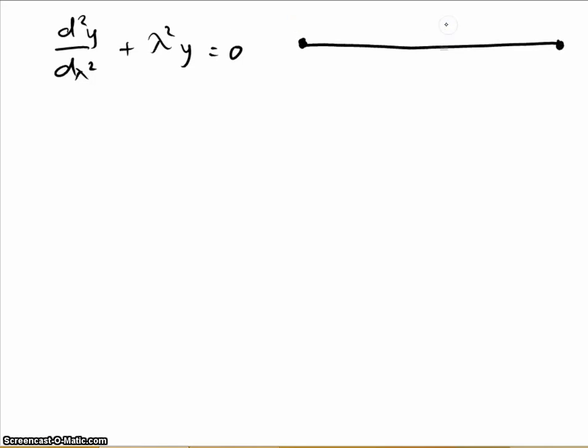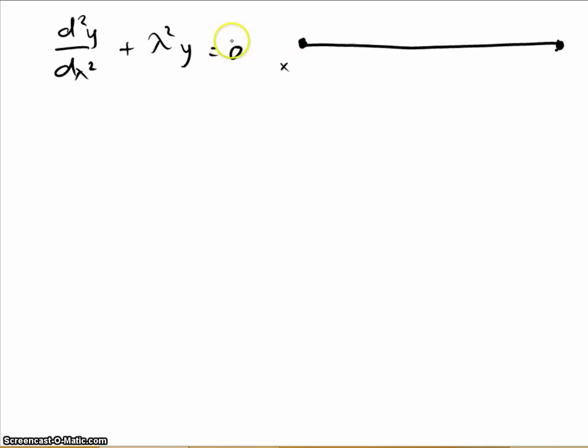The best example that I can give is the vibration of a string. The vibration of a string is given by this equation here. This is a second order ODE where y defines the amplitude of your vibration. Let us assume that we have a piece of string that we have fixed at both ends, such that the string will not move from these end points.